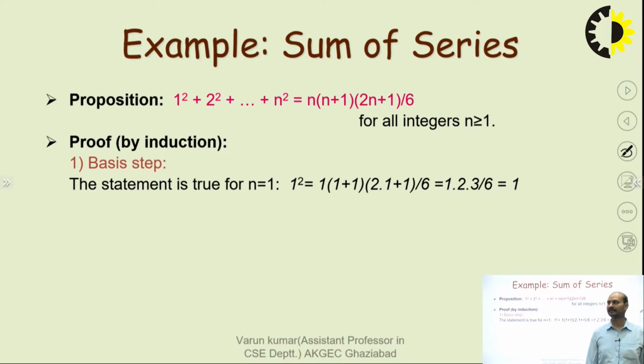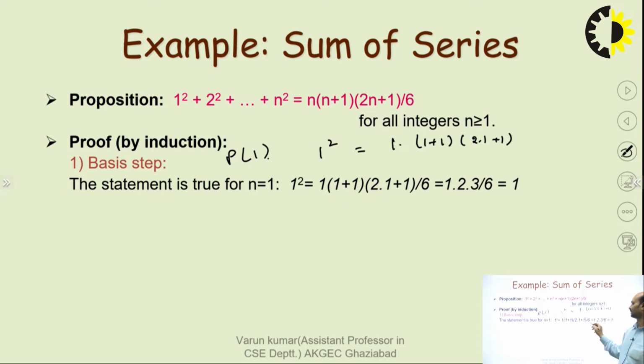So we calculate P(1). From the left hand side it comes 1², and from the right hand side it is 1(1+1)(2·1+1)/6, which becomes 1·2·3/6, which is 1. Left hand side is equal to right hand side. It means our predicate function is true for n equal to 1.